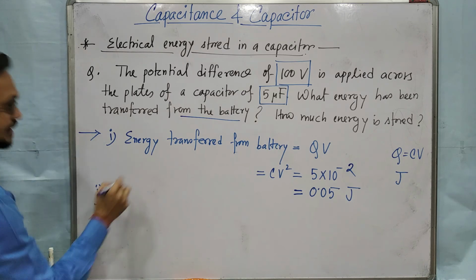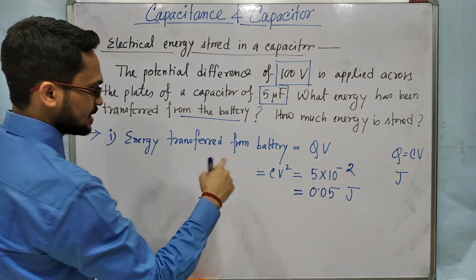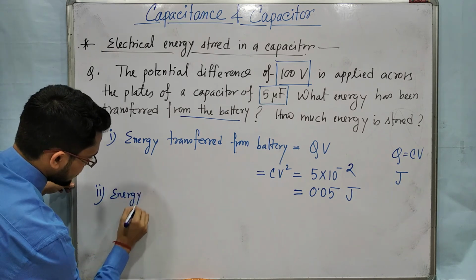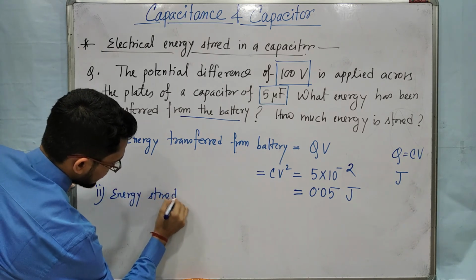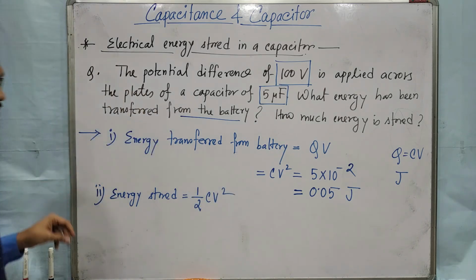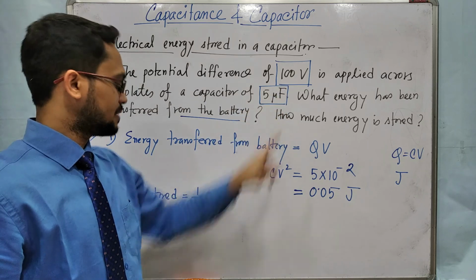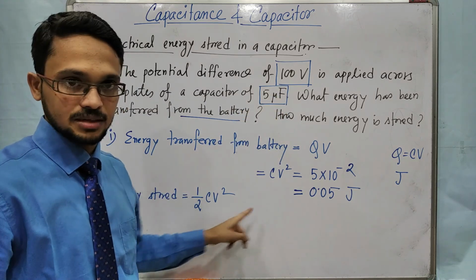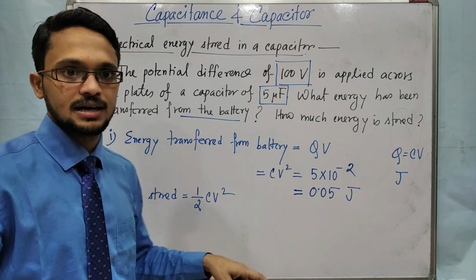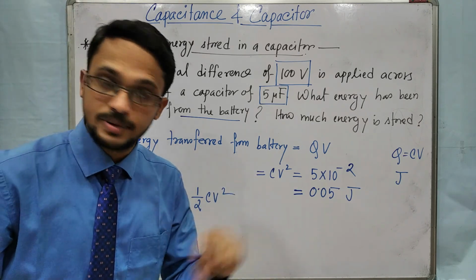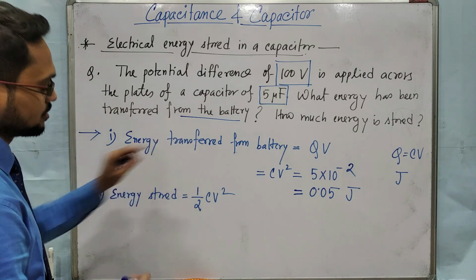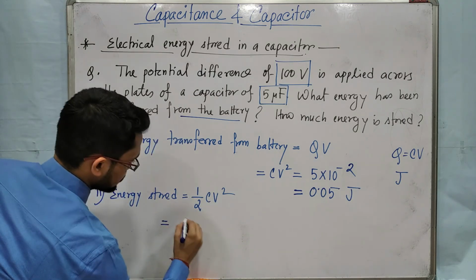Second question, energy stored. Energy stored equals half C V square. Because we know C and V, we will use this equation. There are three equations: Q square by 2C, half C V square, and half into Q into V. Half C V square, you can put the values. There are two ways to solve this part.